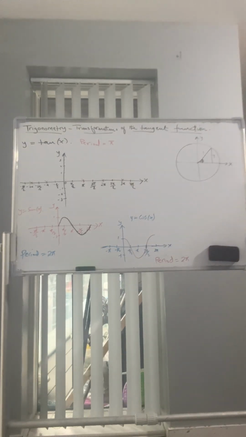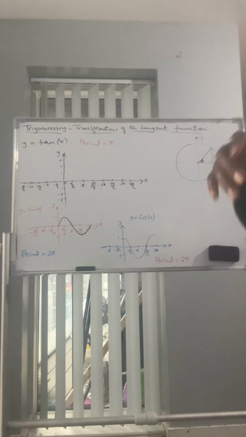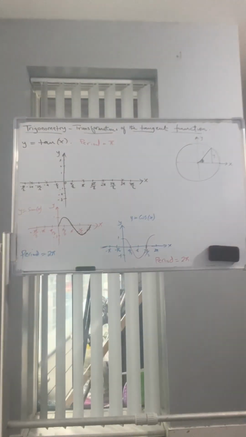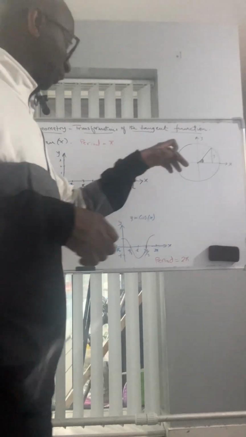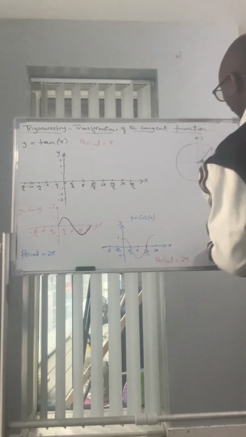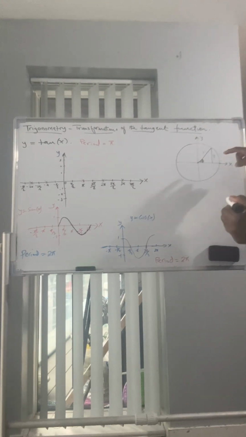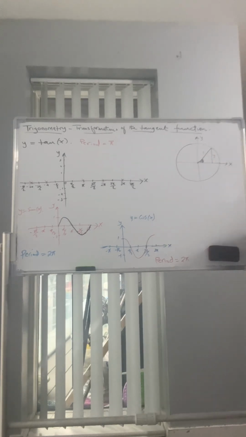Before we find out why it behaves like this, let us first go to the unit circle, because this is where everything started. All these things started from the unit circle. I'm not going to go into depth about the unit circle. We know how it looks.